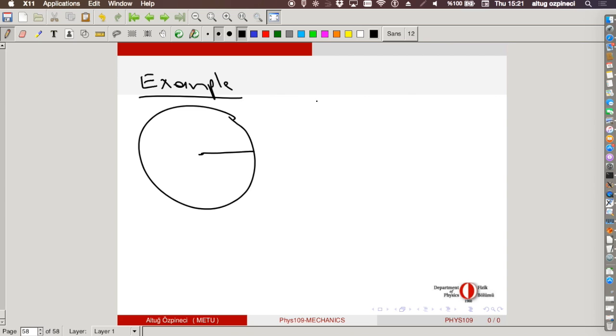The magnitude of the velocity, let's just call it v0. Let's just say it is constant, just a constant v0. We start from here. What is the direction of the initial velocity? Let's just assume that it's moving upward. This is v initial. The magnitude is again v0.